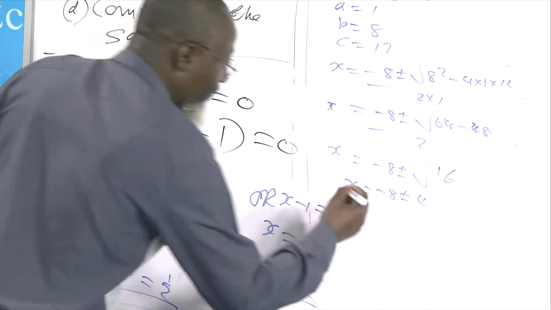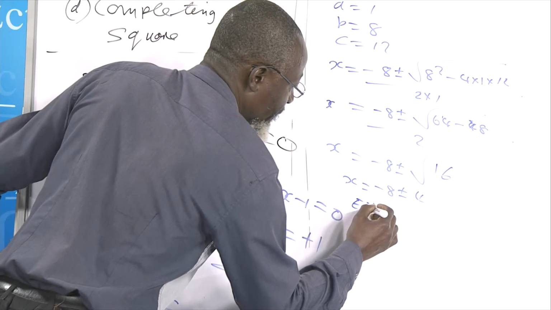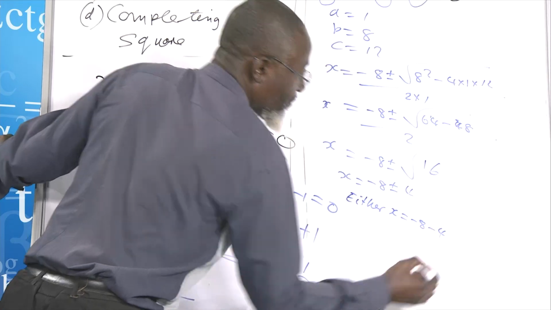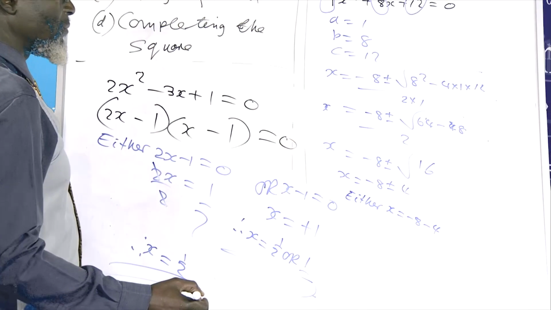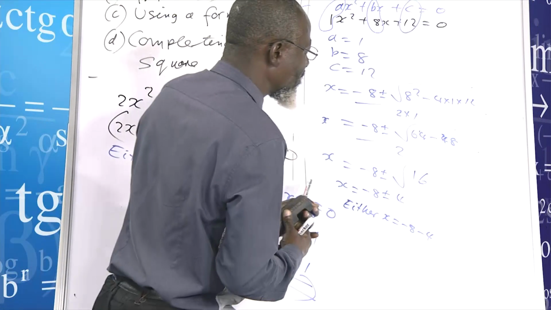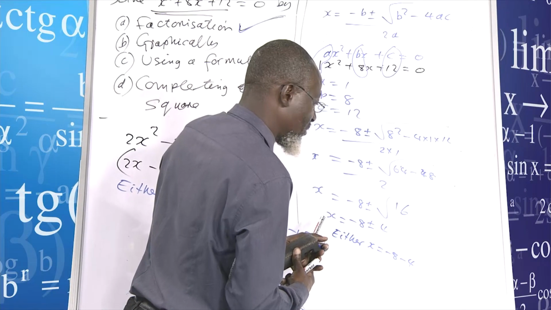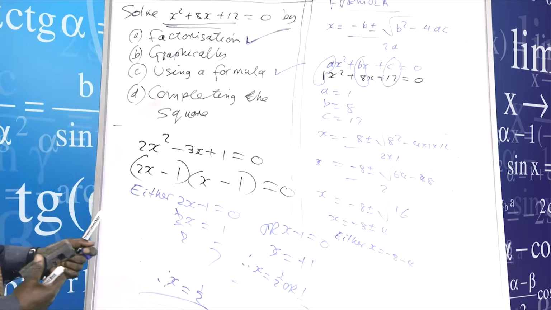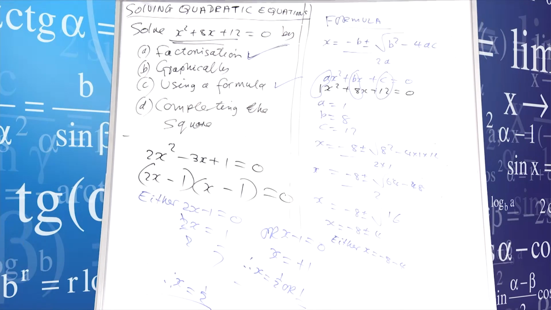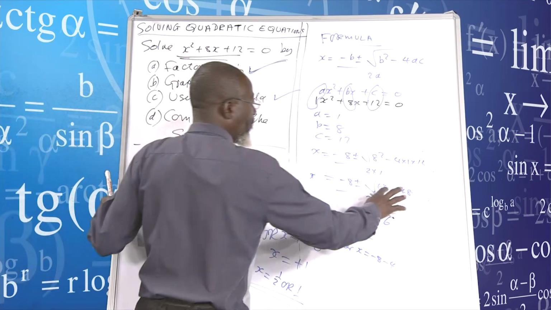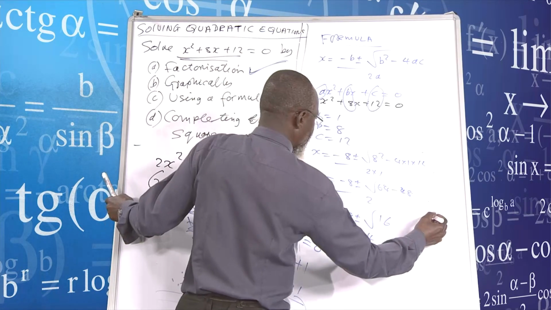I can now say either x is equal to minus 8 plus or minus the square root of... I think I've made a mistake here somewhere. 64 minus 48.